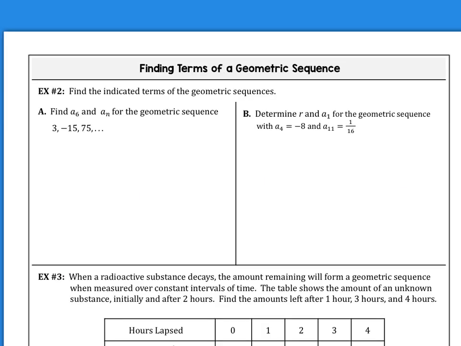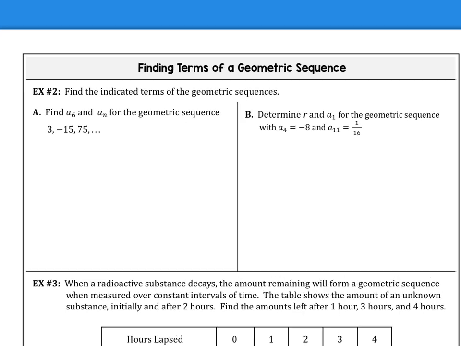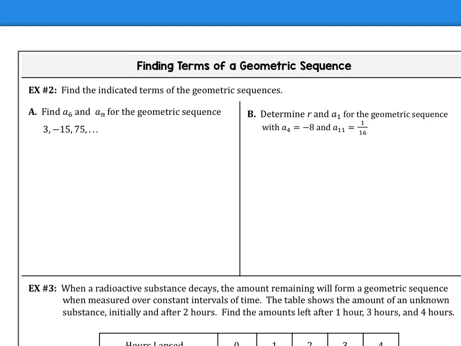Now, when we are finding terms of a geometric sequence, we're going to basically use the formulas and make it make sense. So here we have find a sub 6. That means the sixth term of this geometric sequence. Notice they tell us it's geometric, so that's important. That means we're multiplying by the same thing each time, and this would be times negative 5, times negative 5.